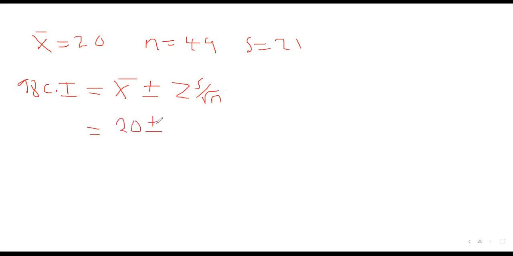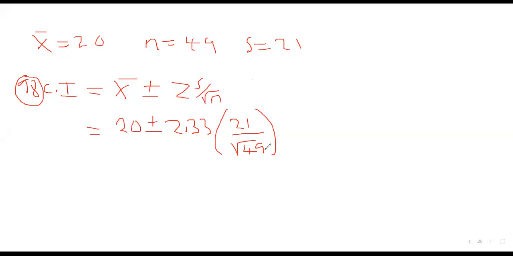What is our Z at 98%? Lisa, what's our Z? 2.33. Do we all agree? Yes. Then what is our standard deviation? 21. And what is our n? 49.